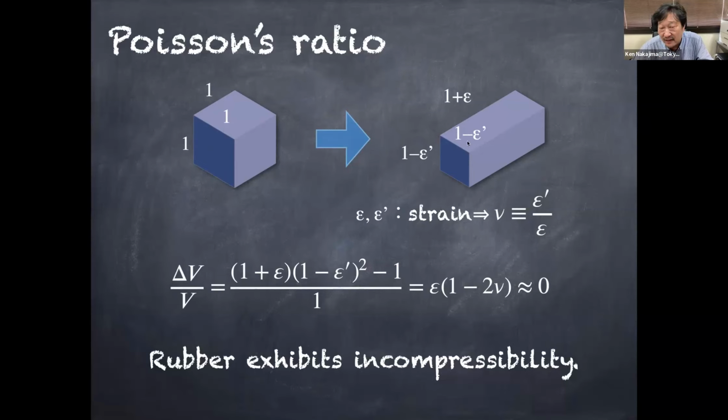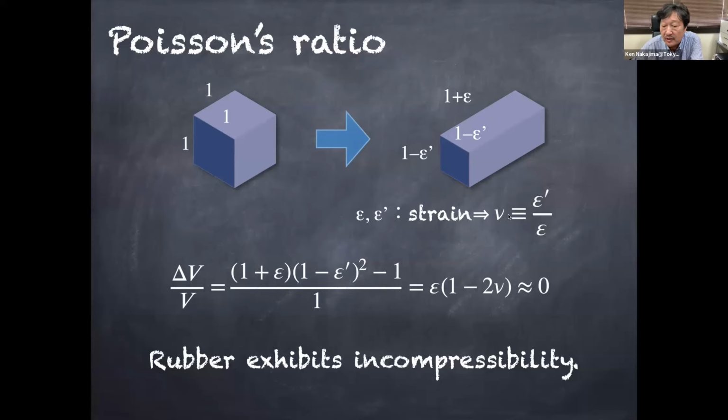This cartoon figure is exaggerated, but anyway, we can write it as 1 plus epsilon, where epsilon is called strain. In the elongated direction, the epsilon value becomes positive. But at the same time, usually the material's dimension decreases in the opposite directions, and we can write it in this form, 1 minus epsilon dash.